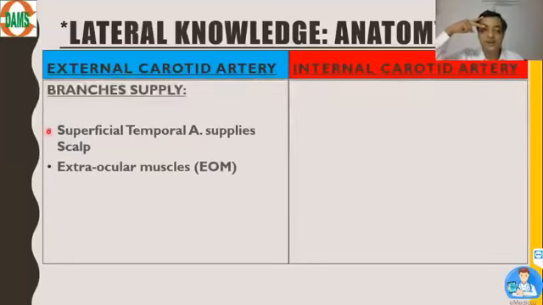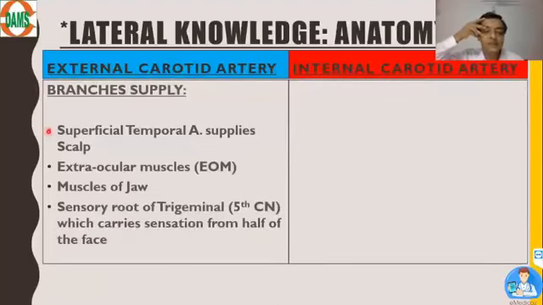Branches of external carotid also supply the extraocular muscles. They also supply the muscles of the jaw. And finally, it supplies the sensory root of the trigeminal nerve.